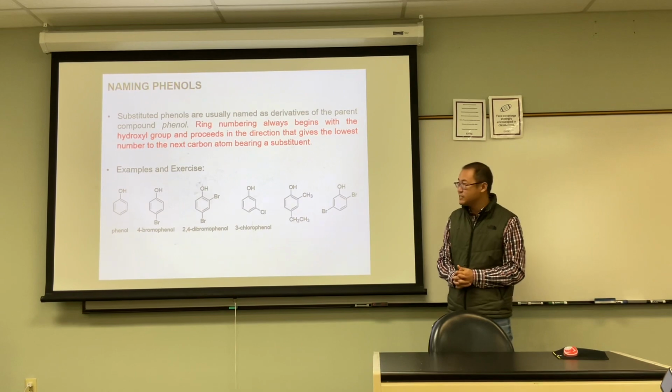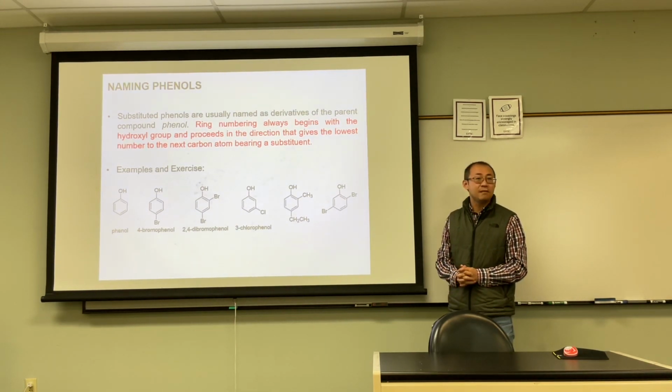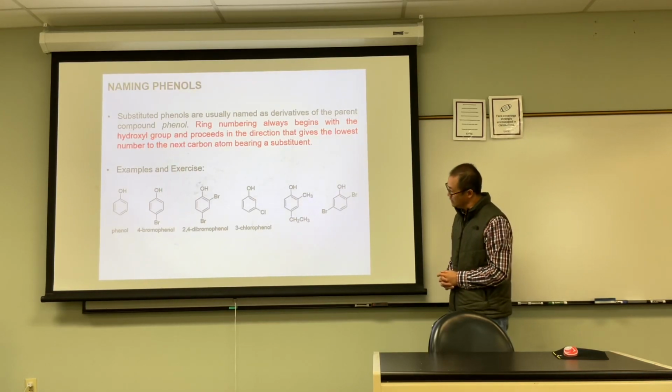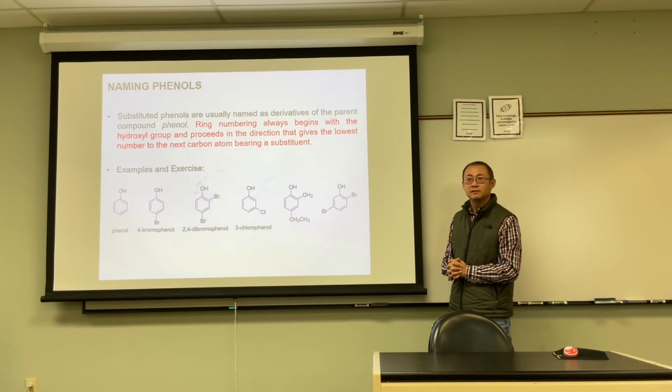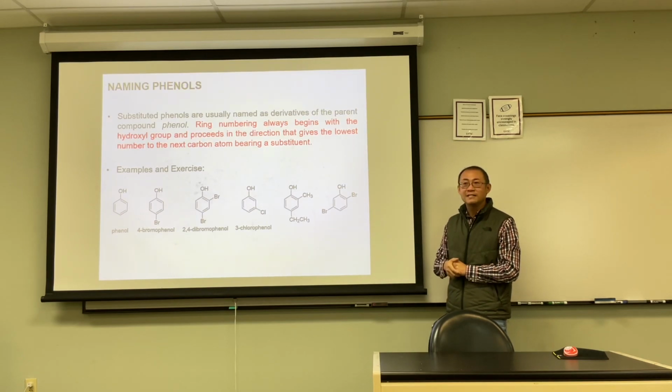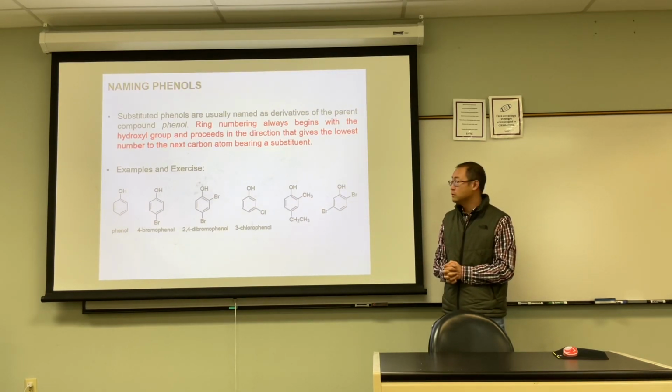Take a couple minutes, take a look at number 3 and number 4. Do you understand the names? Is it easy to name these compounds? Number 3 is a little bit confusing.